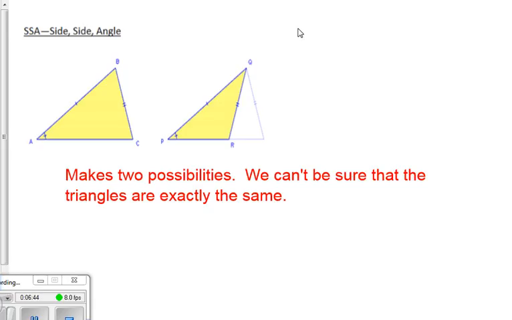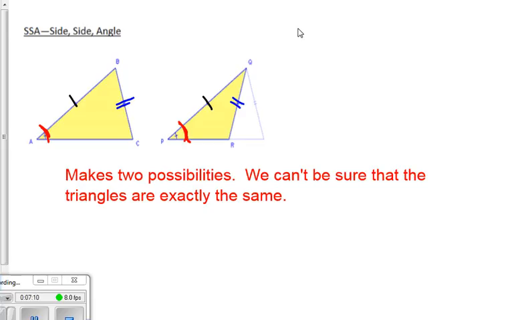In this case, we can see that this angle, angle A, is congruent to angle P. We know that they're the exact same. We know that length AB is the same as length PQ. Okay, that was given. If we look closely though, this length right here from B to C is the same as from Q to R.